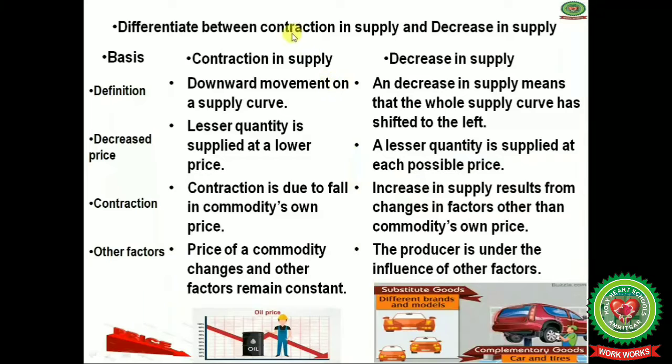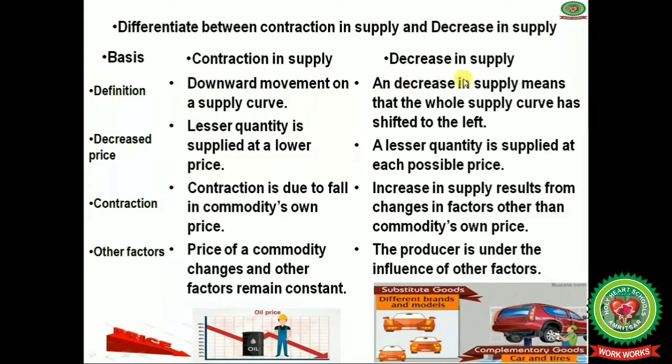Next one is differentiate between contraction in supply and decrease in supply. Under the contraction in supply, the definition is a downward movement on the supply curve, which means if the prices decrease, accordingly the supply of a commodity will also decrease.